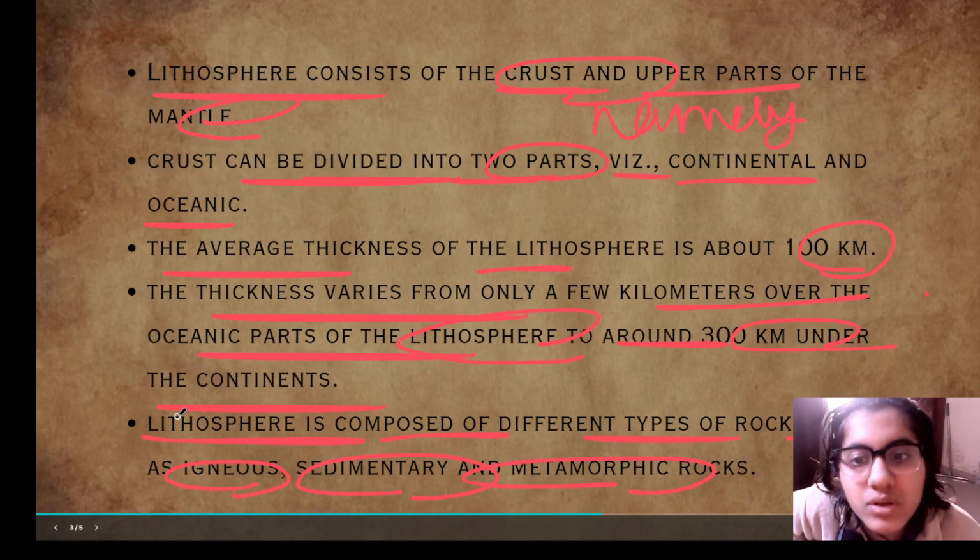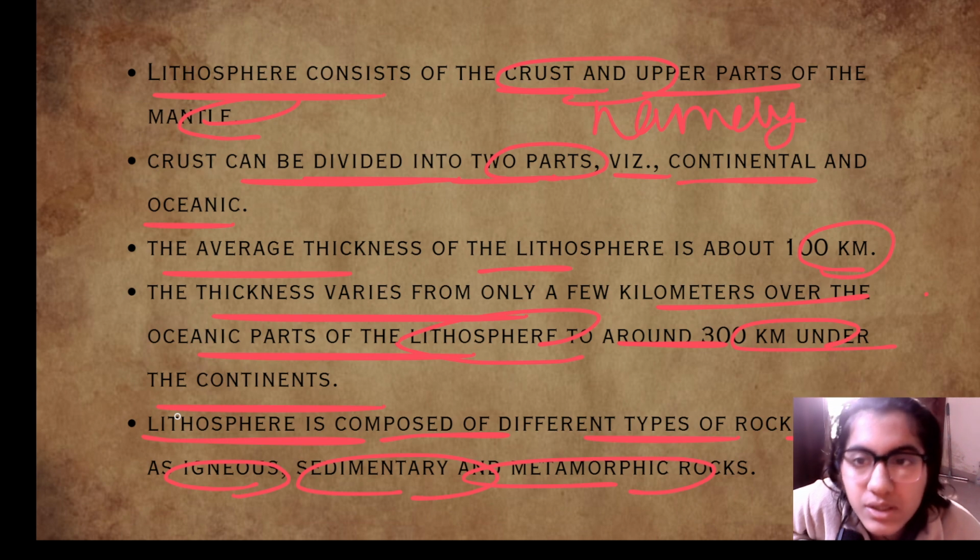The lithosphere contains the crust and the upper parts of the mantle, and the crust can be divided into two parts, the oceanic and the continental crust.